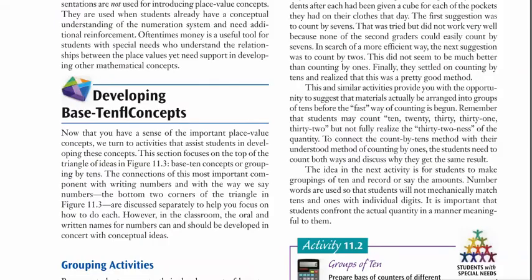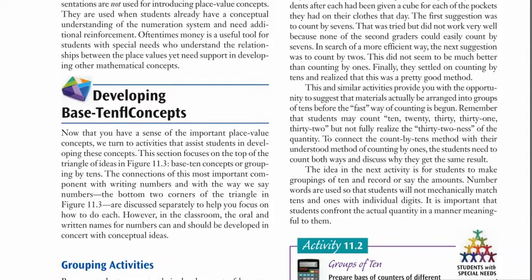Now that we have a sense of important place value concepts, we turn to activities that assist students in developing these concepts. The connections with the most important components, writing numbers and the way we say numbers, the bottom 2 corners of the triangle in Figure 11.3, are discussed separately to help you focus on how to do each.